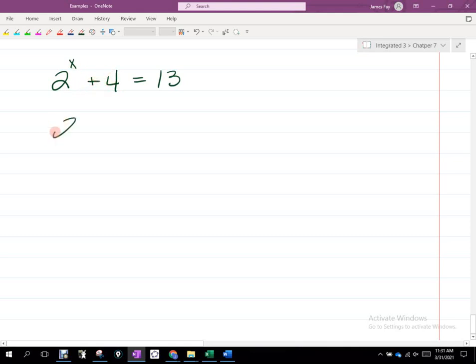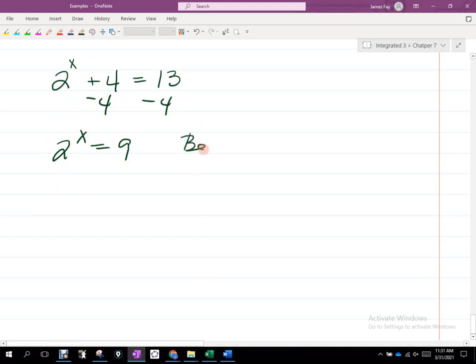They've all been like 2 to the x equals maybe 9, right? How can I get this to look like that? Yes. Subtract 4 first. And now I get 2 to the x equals 9.